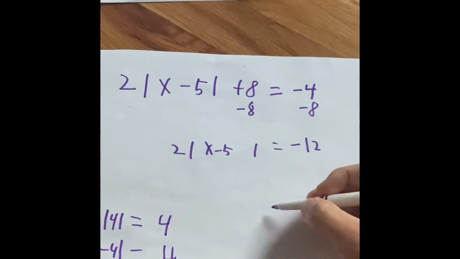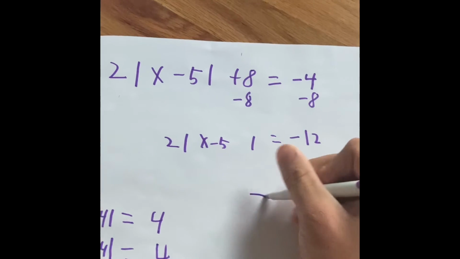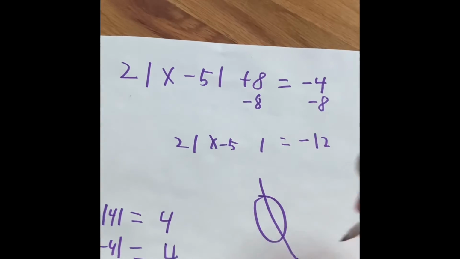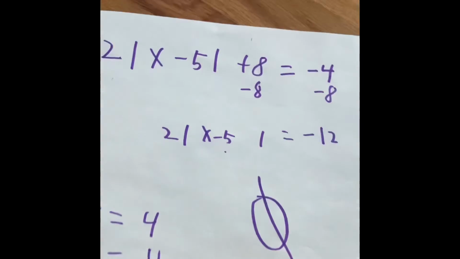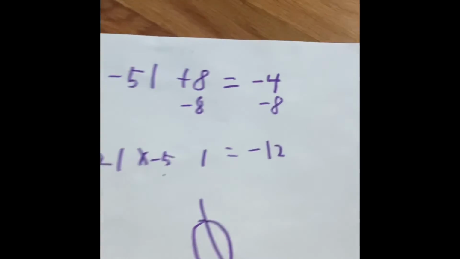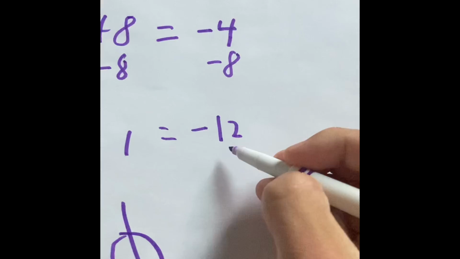So our final answer is no solution, because these bars want the whole expression to be positive. But how can it equal a negative number?